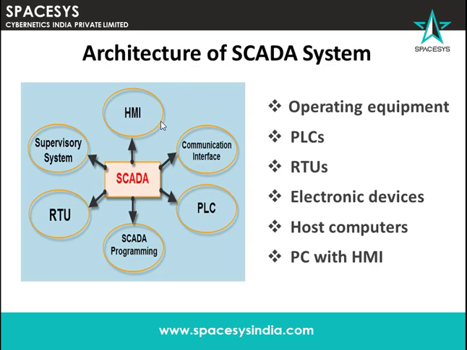SCADA system comes under monitoring level, while control systems like PLCs, RTUs, and other devices come under the control level. PLCs are known as programmable logic controllers. It is used to control the industrial process.